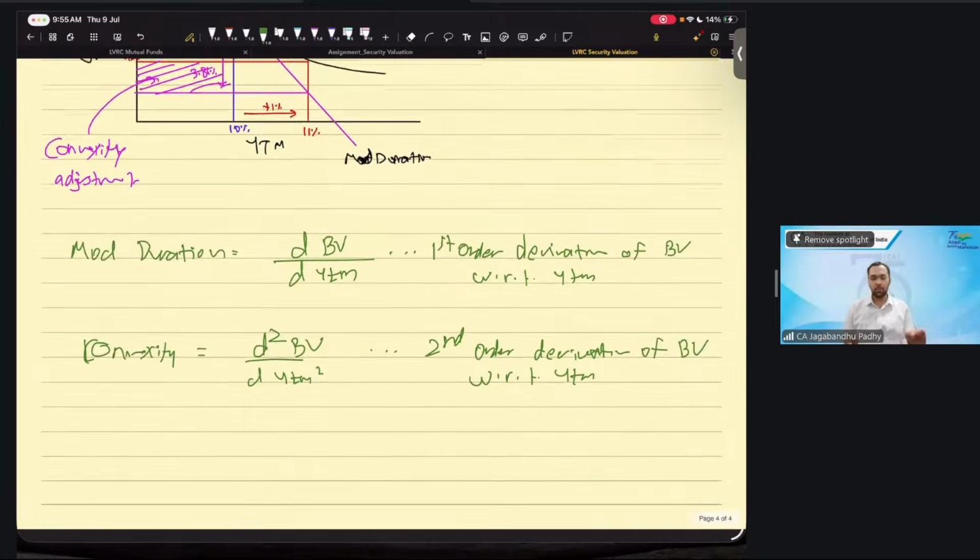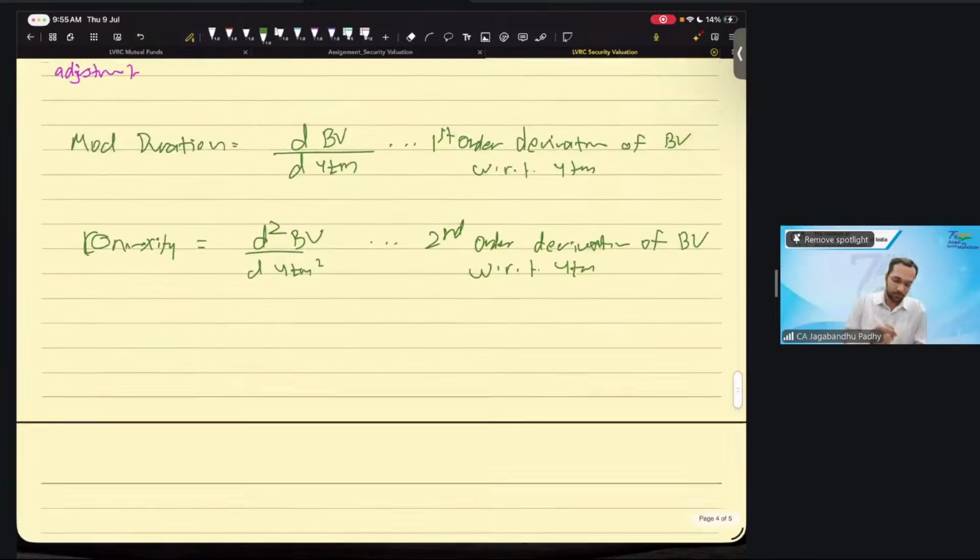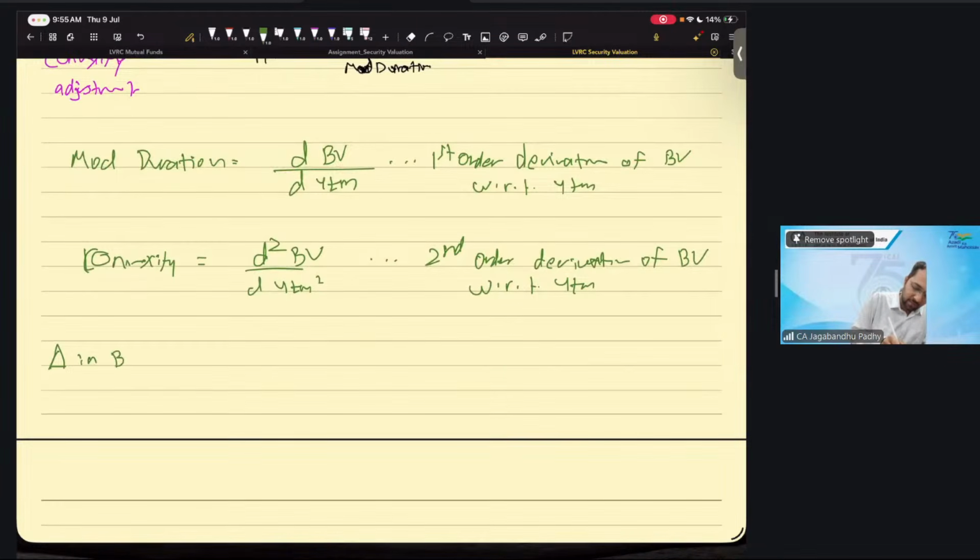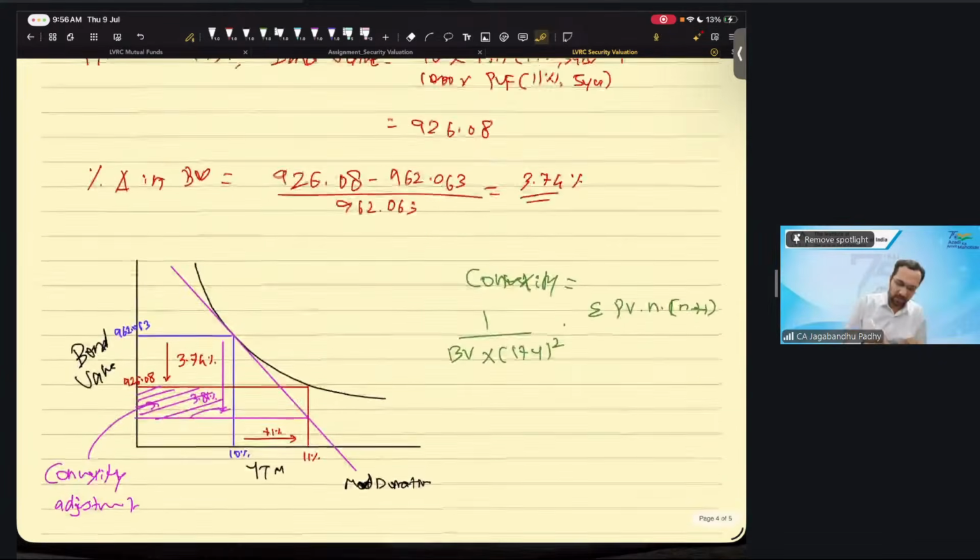So how do we calculate the actual change in the bond value? The change in bond value due to change in YTM will be initially computed as change in YTM multiplied by Macaulay duration. This is going to provide an insufficient number for capturing the entire change, right?